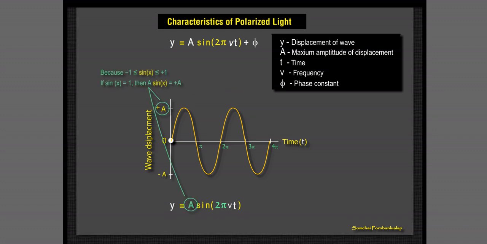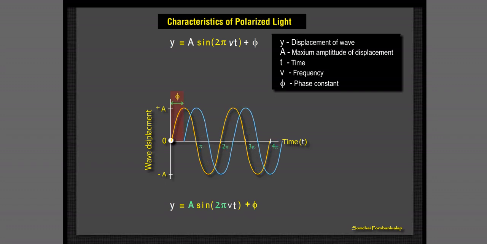Since the maximum value of the sine function is 1, the maximum value of a, multiplied by sine of x, is equal to a. The phase constant, phi, tells us the initial phase of the wave. If phi is equal to 0, the wave begins at zero displacement as shown in this diagram. The phase constant indicates how far the wave is shifted from its initial position.